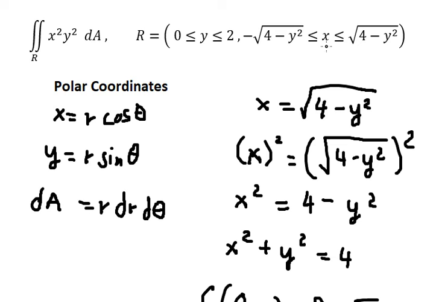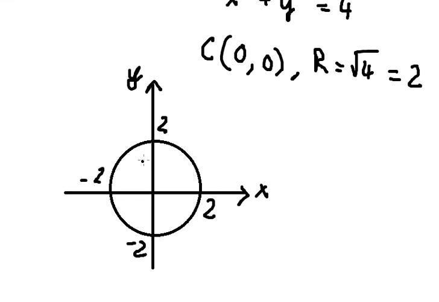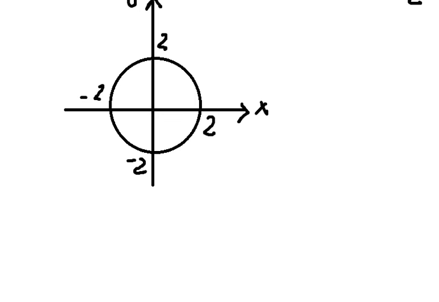So we can see that x is between negative square root of 4 minus y squared and positive square root of 4 minus y squared. So this is the negative square root of 4 minus y squared, and the positive square root of 4 minus y squared, that is this one.